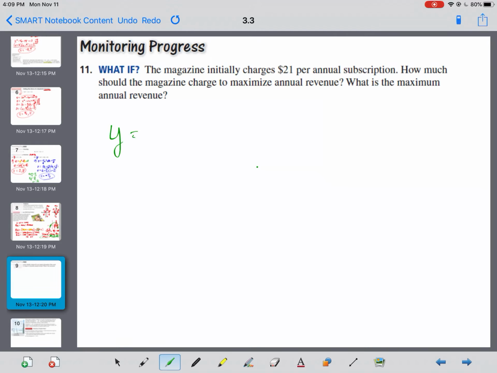So if you wanted to do that, you get y equals, or R of x equals, still 48,000 minus 2,000 per subscription increase. Starts at 21, goes up by $1, and we figure out, okay, that's what they initially charged, so how much should they charge up to make the max?